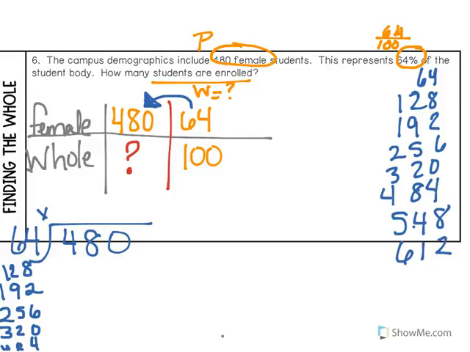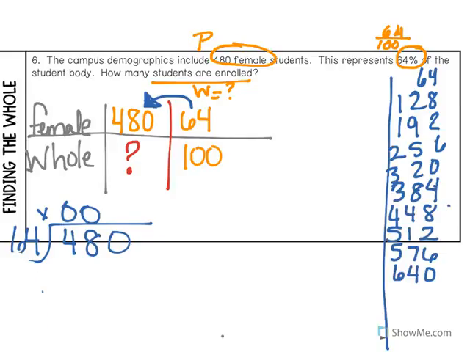So, let's see how many times it goes in. 64 can't go into 4, can't go into 48, but it goes into 480 seven times. And that would give us 448. And guys, I made a little boo-boo.